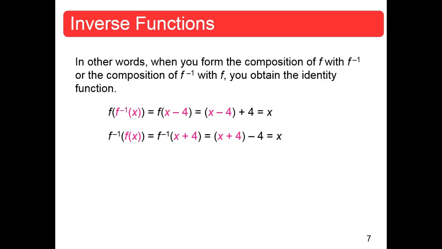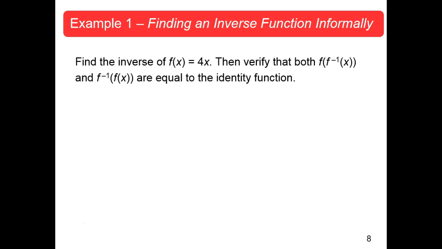Now, they're doing the very simplest functions now, so that you could almost guess what the answer will be. And that's what they want you to do on this one. Find the inverse of f of x equals 4x. Okay? Now, they haven't told you how to find it. So basically, it means guess.